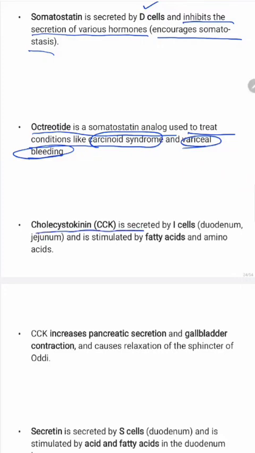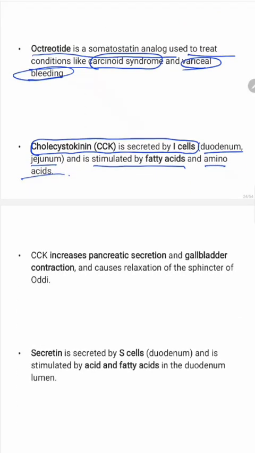Now cholecystokinin. So cholecystokinin is secreted by I cells in the duodenum and jejunum, and it's stimulated by fatty acids and amino acids. Okay, now cholecystokinin increases pancreatic secretion and gallbladder contraction and causes relaxation of the sphincter of Oddi.